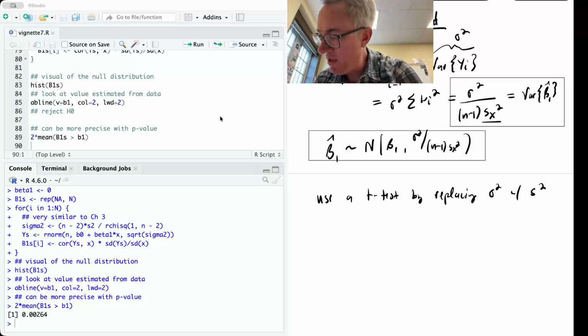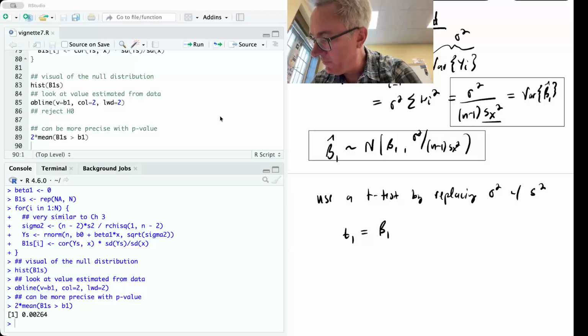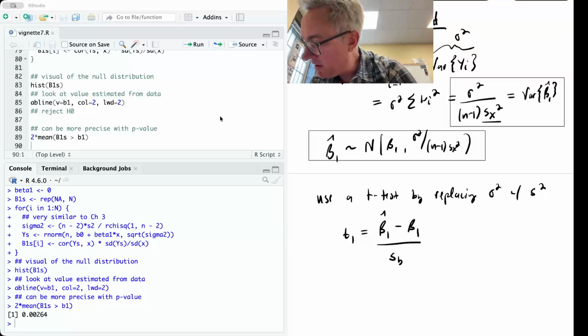What I mean by that is a t-statistic for the slope, that's why I'm writing t1, is the estimate for the slope from the MLE minus whatever value you want to test about. We're going to use 0, divided by a standard error.